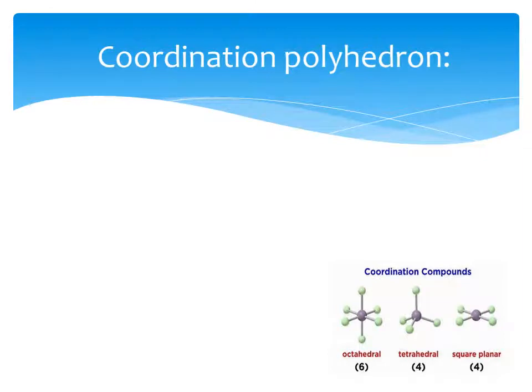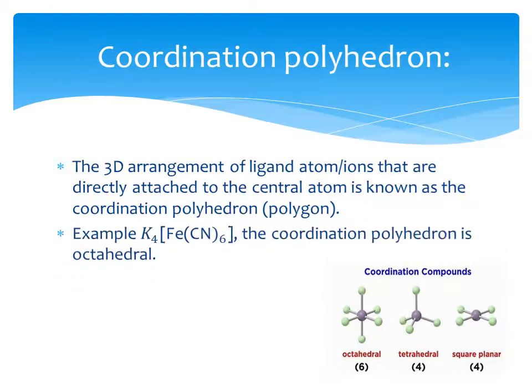Next one is the coordination polyhedron. It's a three-dimensional arrangement of ligand atoms, that is, the ligand, if it is a neutral atom, or ions, like CN minus, etc., that are directly attached to the central atom.